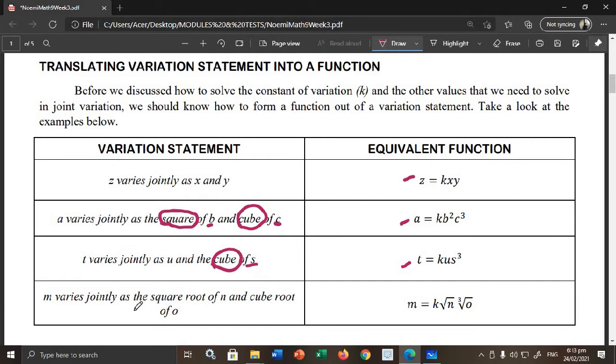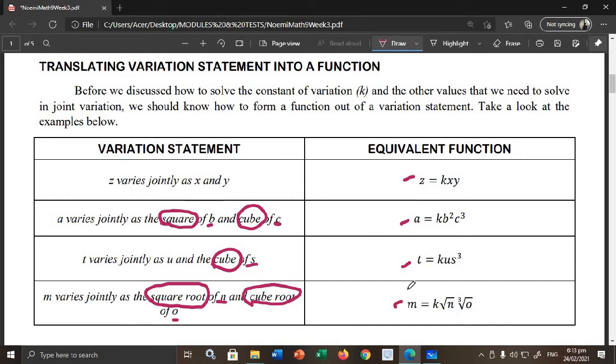And then lastly, m varies jointly as the square root of n and cube root of o. So if you write that, it will become m is equal to k, and then square root of n, sabi doon sa statement, so you write square root of n and then cube root of o. Okay?